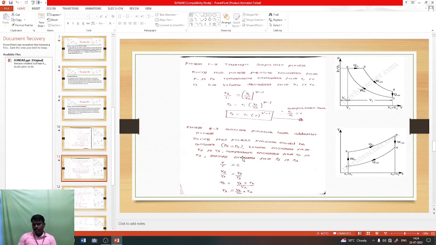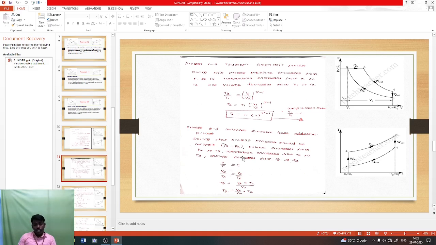You already studied the pressure, volume and temperature relations in engineering thermodynamics. What is the relationship between pressure and volume, and between temperature and volume? Here we are using the relationship between temperature and volume. Why are we taking T2 by T1? Because our process is 1 to 2, and T2 is the higher temperature.